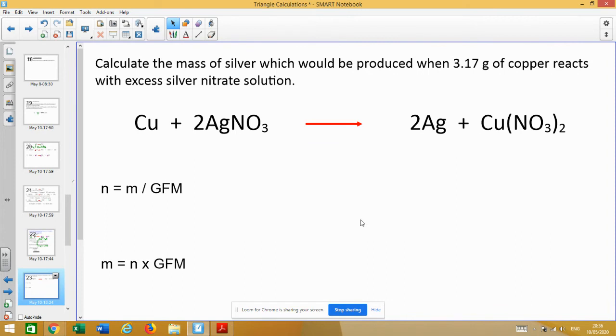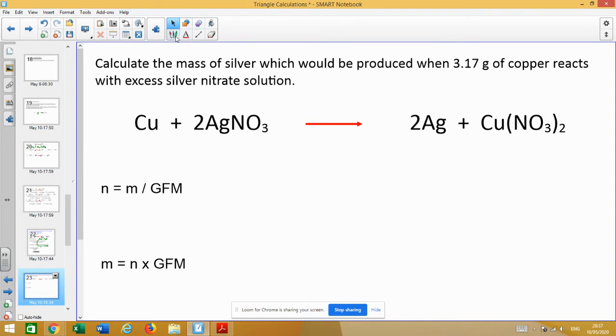So here's another example. You might want to pause again so you can try it yourself. Okay, so calculate the mass of silver which will be produced when 3.17 grams of copper reacts with excess silver nitrate solution. This has already been balanced for you, which helps.